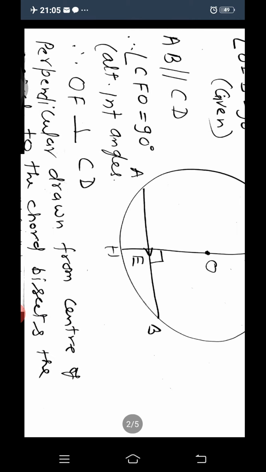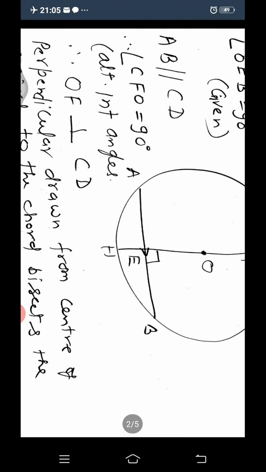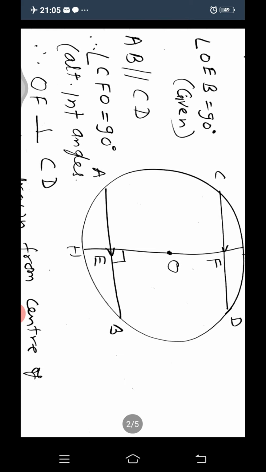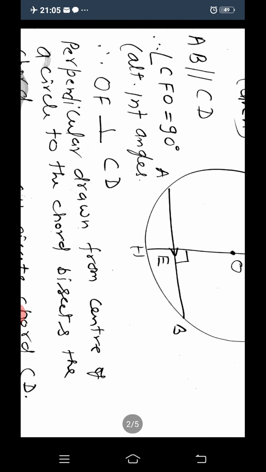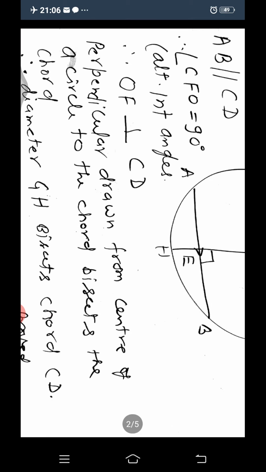So OF is perpendicular to CD. When OF is perpendicular to CD, we know the perpendicular drawn from the center of a circle to the chord bisects the chord. Therefore, diameter GH bisects chord CD also. This only we have to prove.